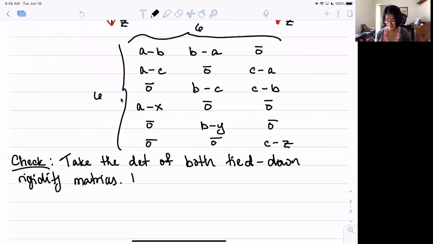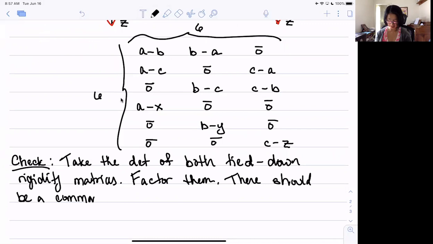Then you get a polynomial, and factor them. There should be a common factor.